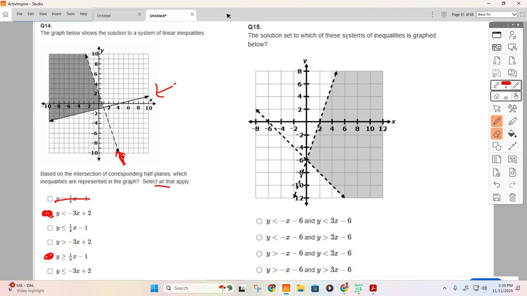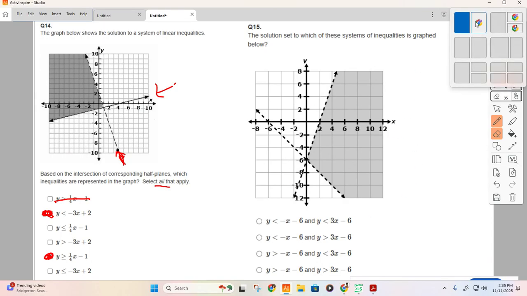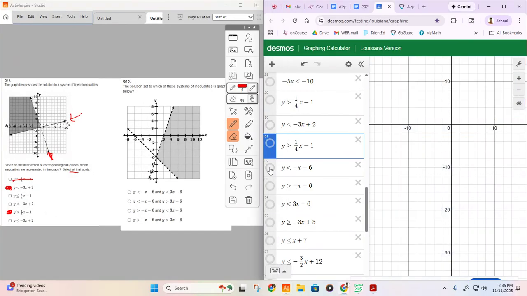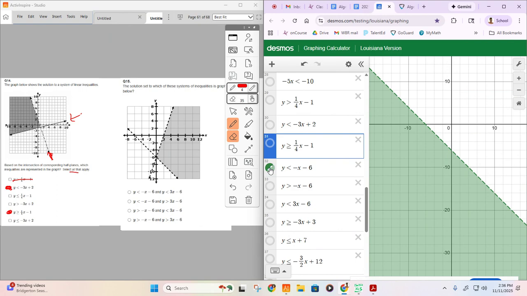All right, number 15, the solution set to which of these systems of inequalities is graphed below. Again, I'm just gonna try the options here and find one that matches this picture. The first one, option A, is y is less than -x minus 6.